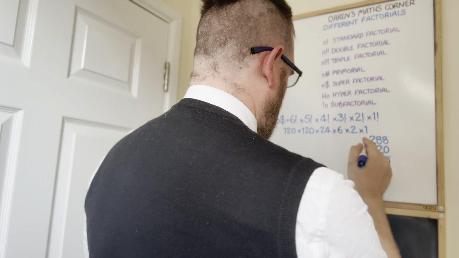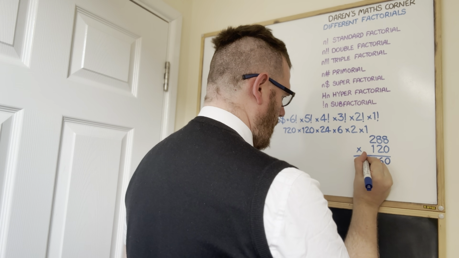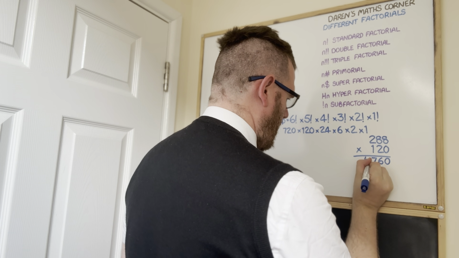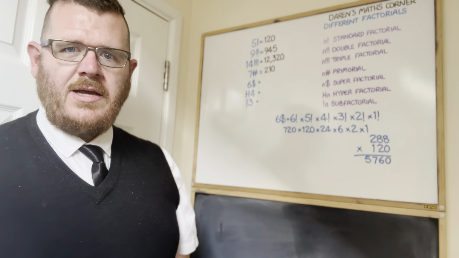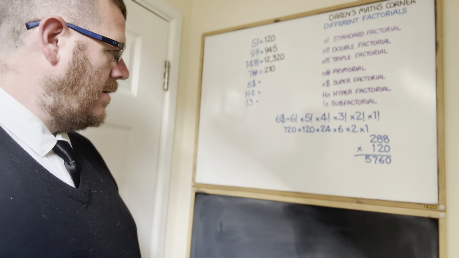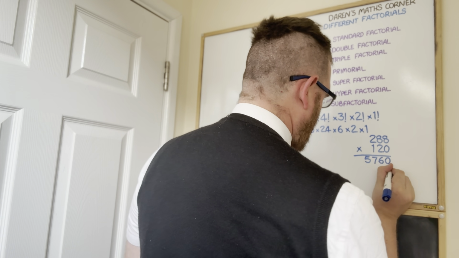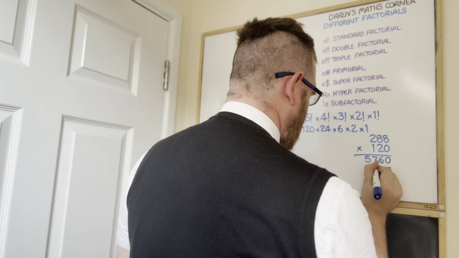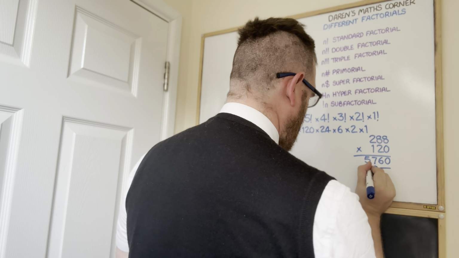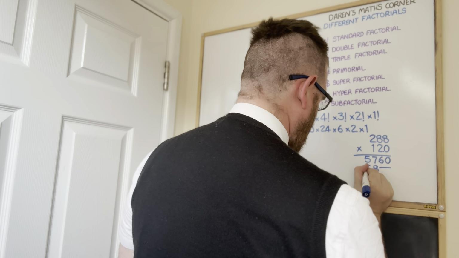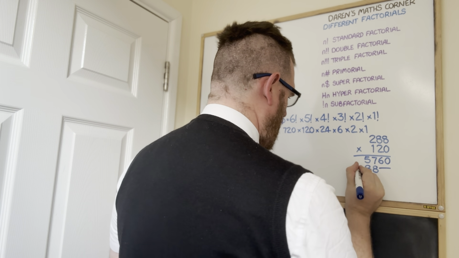And 2 times 2 is 4, add 1. And that is 288 times 20. And then what we do is we will go for that.